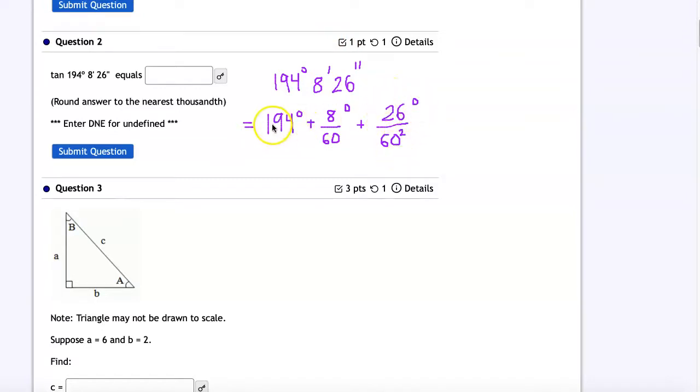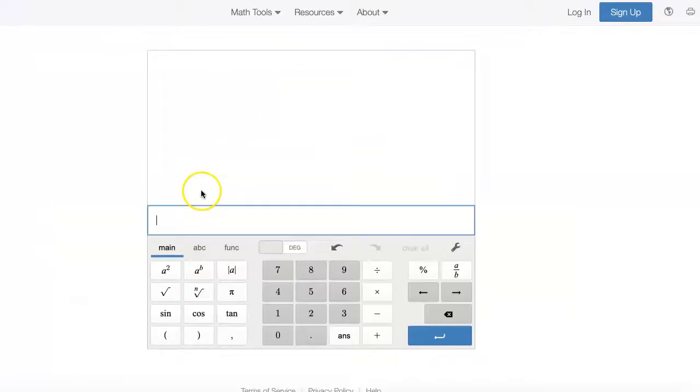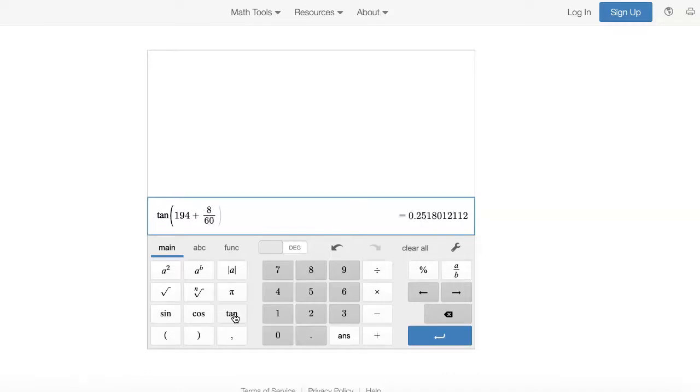So what we want to do is type all of this into the calculator. But remember, we are evaluating this for the tangent, so we need to make sure that we are in degree mode and that we are also including tangent into our calculation. So first I check that I am in fact in degree mode. Then I am going to use tangent of 194 plus 8 divided by 60 plus 26 divided by, and 60 squared is 3600.